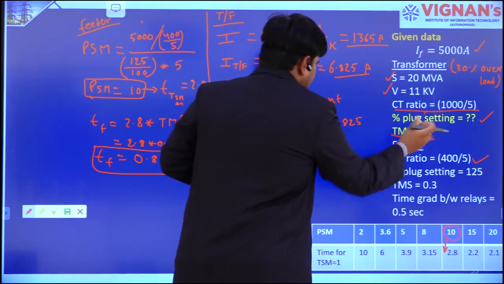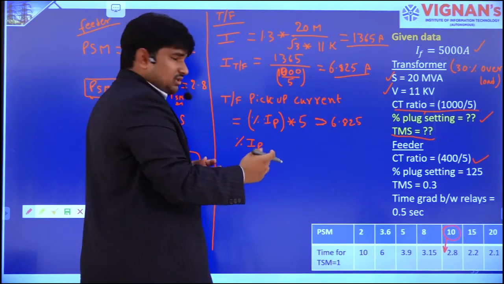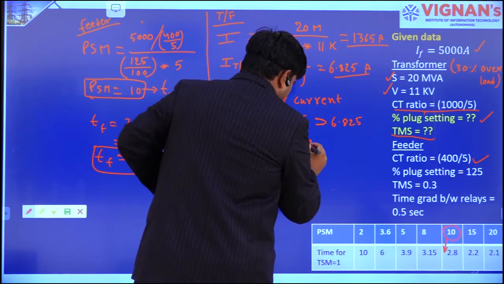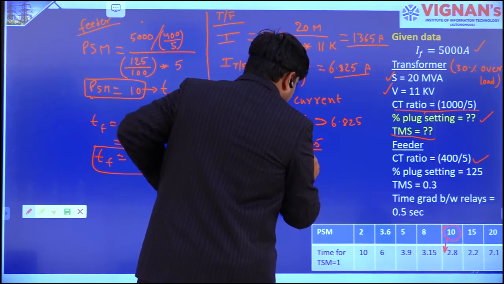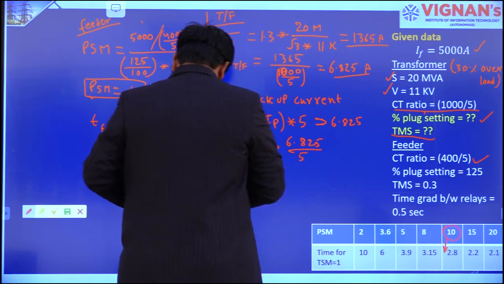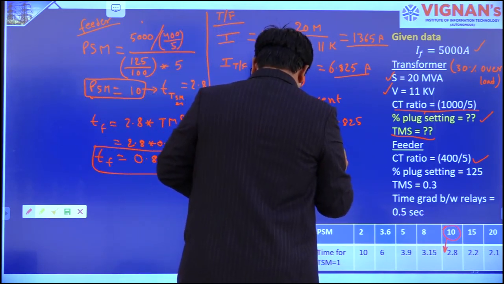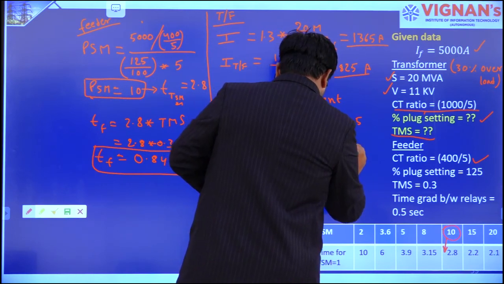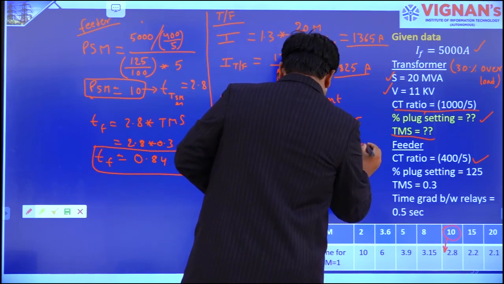Now from this, the plug setting will be greater than 6.825 divided by 5. So this value will be greater than 1.365.